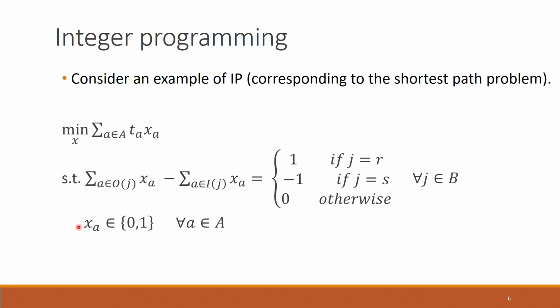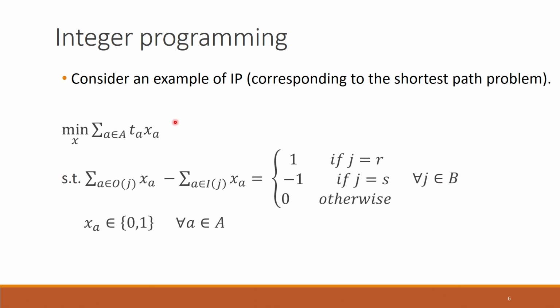So, all of these optimization problems are kind of integer programs, as we had seen, because some of the decision variables were restricted to be integers. If you recall, this is the optimization formulation for the shortest path problem.